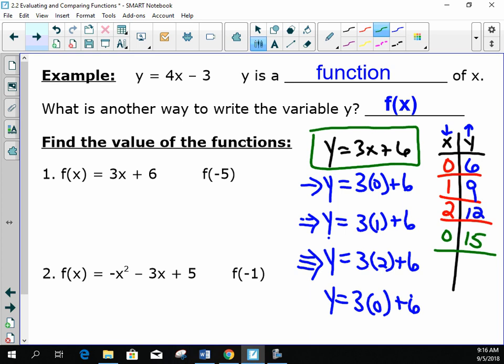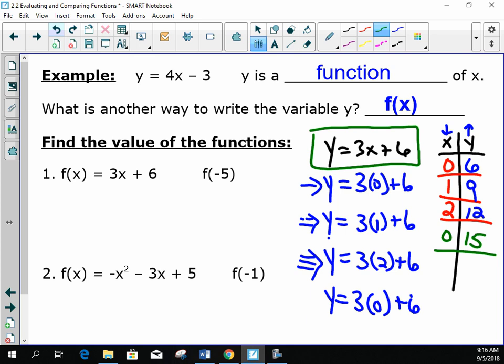So if I put 0 in for x and I don't get 6, I get something else, it's not a function, it's something different. What is that something different? I don't know, but it's not a function. That's what we did yesterday. That's why if you see the same value for x, it's not a function unless the y value is the same.